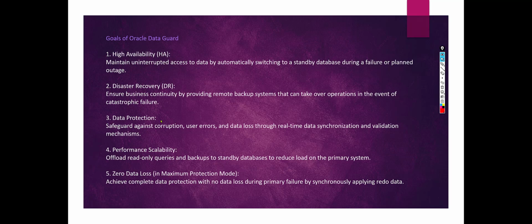And data protection, so in case of any corruption, user errors or data loss, we can make sure that we can protect the data with Dataguard. And performance scalability, so we can also use Active Dataguard or snapshot standby. These are the different features of Dataguard which will help the users to run read queries.